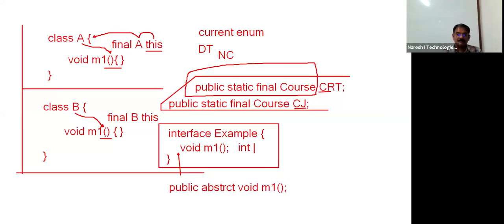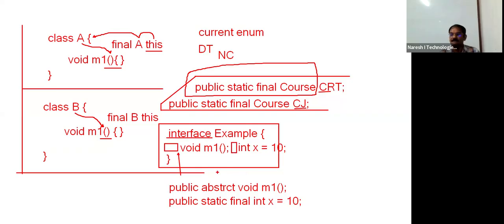If I declare one variable, int x equal to 10 semicolon, then what will the compiler software add? Public static final int x equal to 10. Remember? We are not telling the compiler before these keywords; you add them yourself by using the keyword interface.